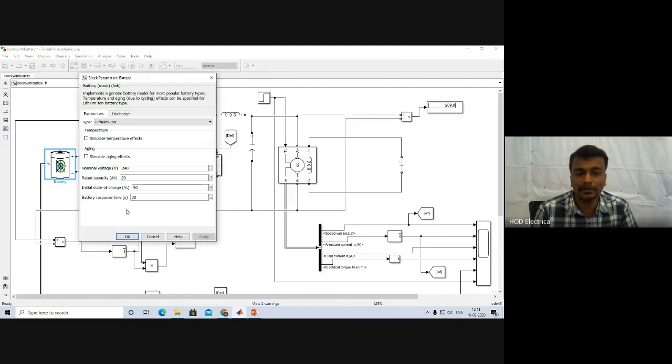We already know, as I also explained in the Electric Vehicle 11 lecture, that whenever the battery is delivering power, the state of charge will reduce, and whenever the battery is receiving energy, the state of charge will increase.